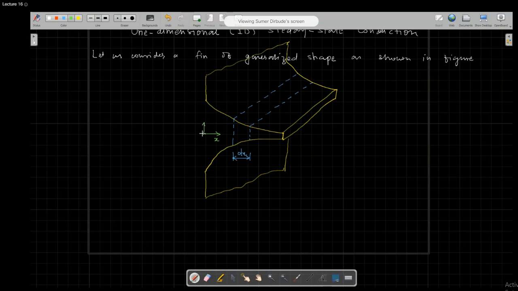And the coordinate systems are at the axis of symmetry of the fin.